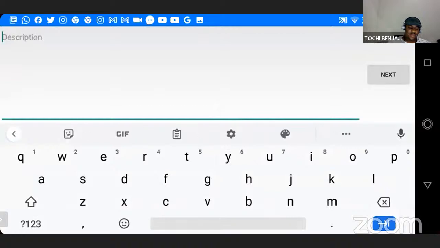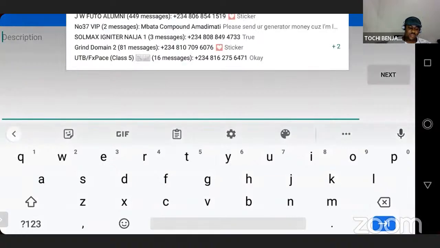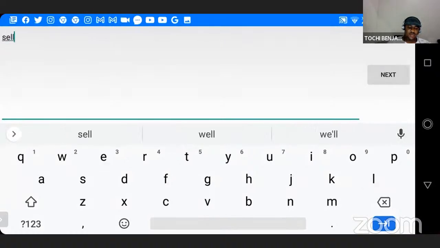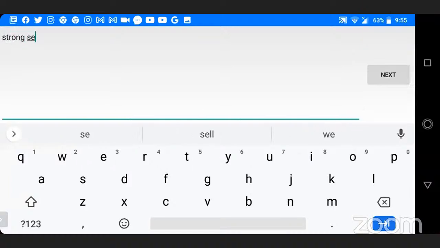Next one is sell. Next one is neutral. Next one is strong sell. Next one is strong buy.